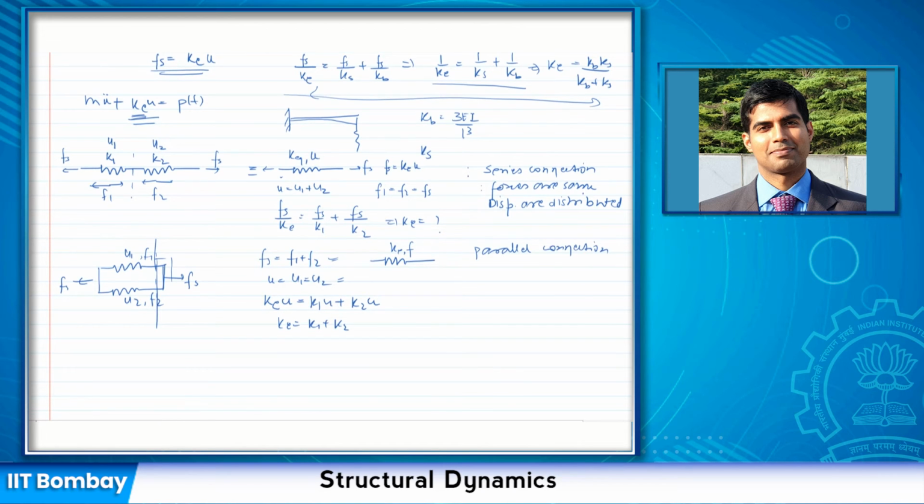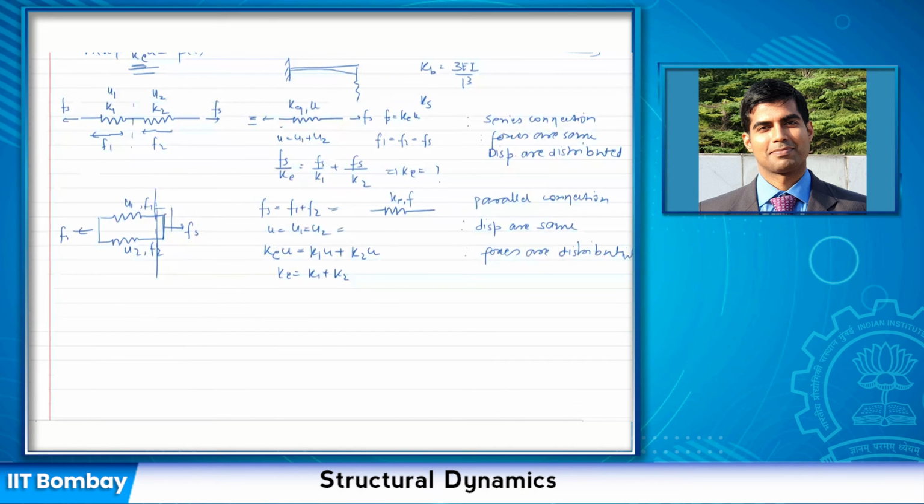And for the parallel connection, displacements are same. However, forces are distributed. Is this clear up to this point? Anybody has any doubt up to this point? Instead of considering this mathematical formulation, remember what is important is to know this.